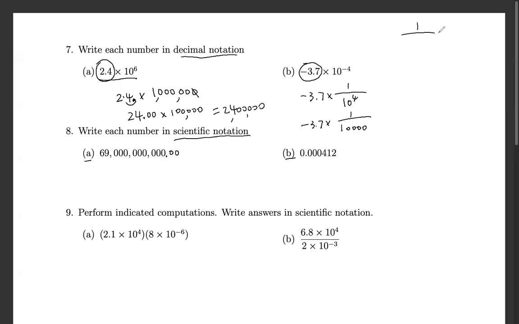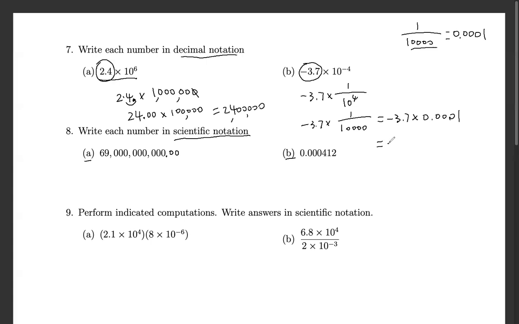What is 1 over 10,000? That's 0.0001, right? So that becomes negative 3.7 times 0.0001. Did I miss a 0? No, that's 4 places, right? Because there are 4 zeros, that's 4 places, right?